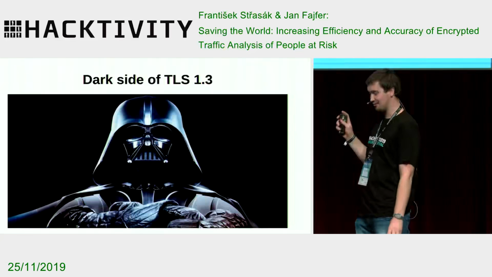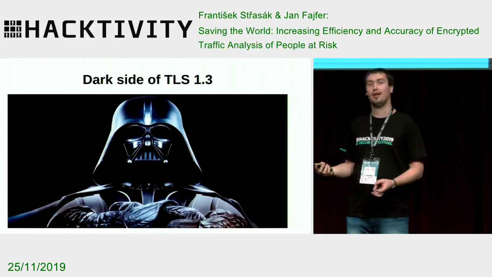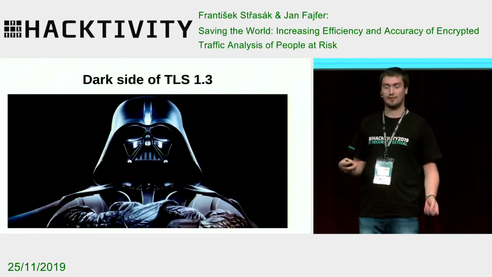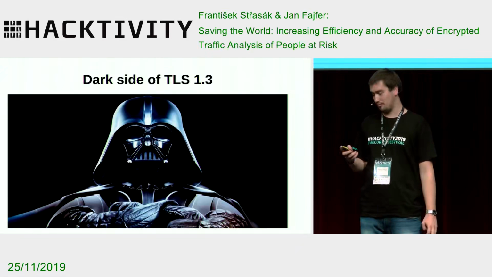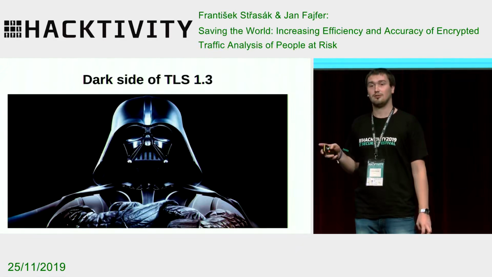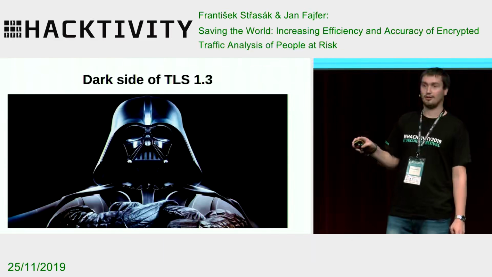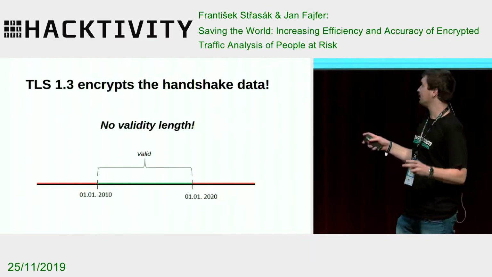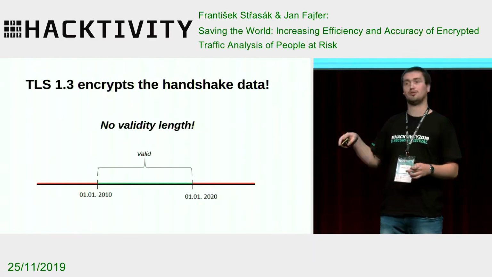However, from our point of view, and as a security organization, and security companies I suppose, it can be a very bad side, because TLS 1.3 also encrypts the certificate. So we lost most of the features which we used in the research.